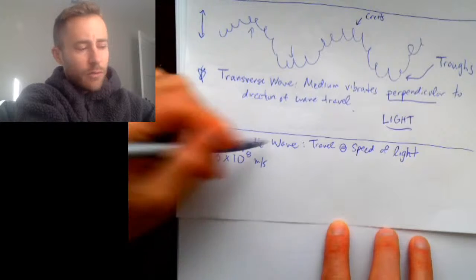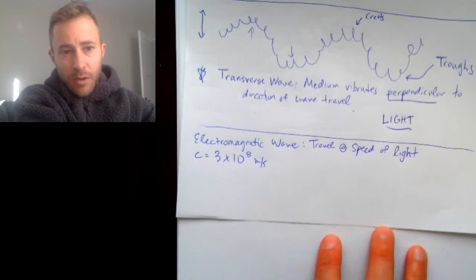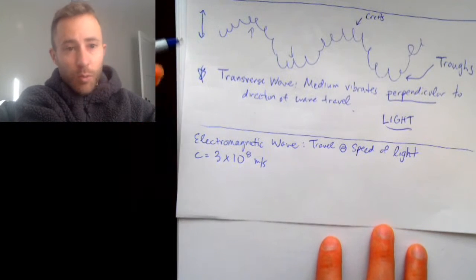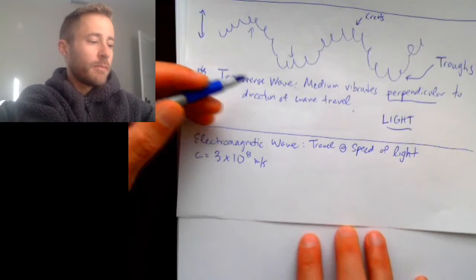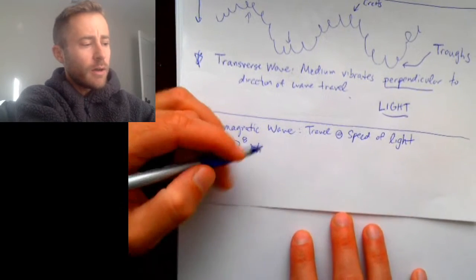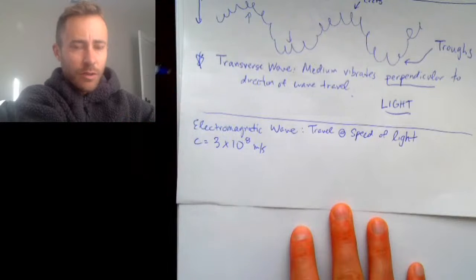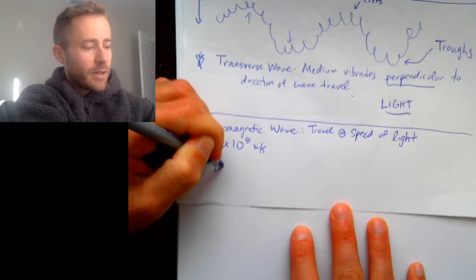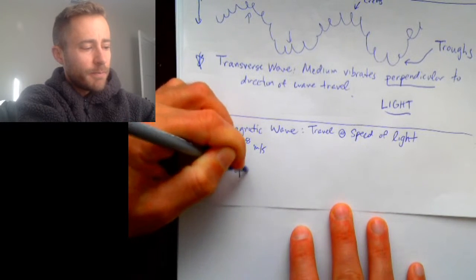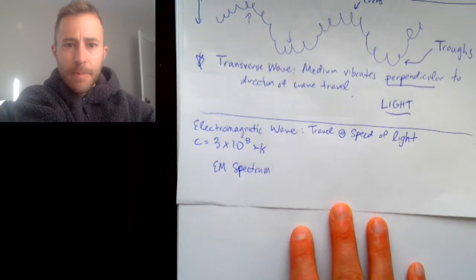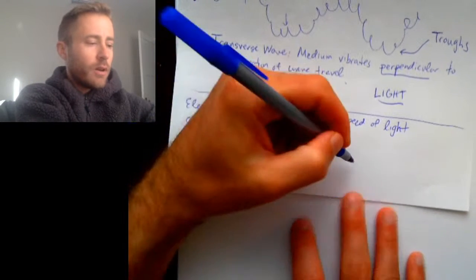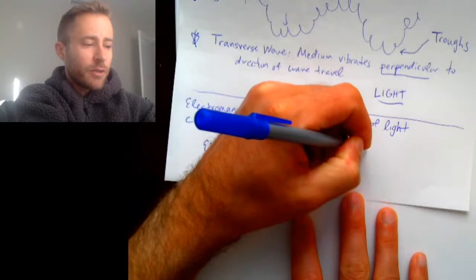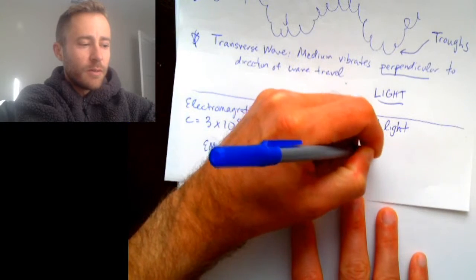So different electromagnetic waves are classified by their wavelength. And so this creates what is called the electromagnetic spectrum. Part of that spectrum is visible light.